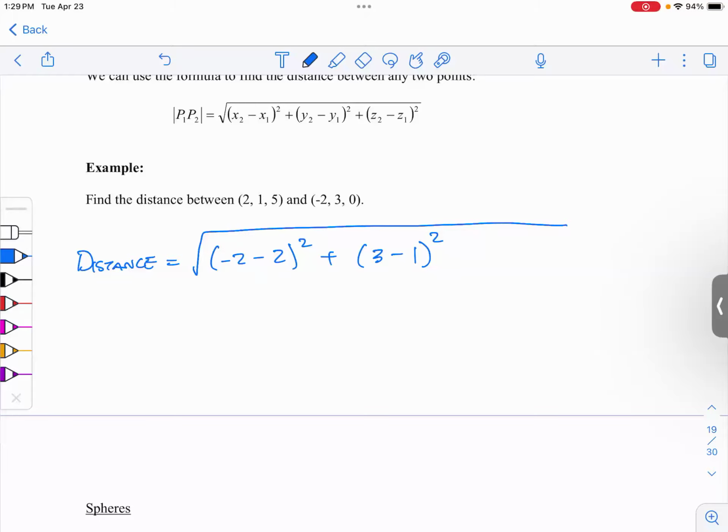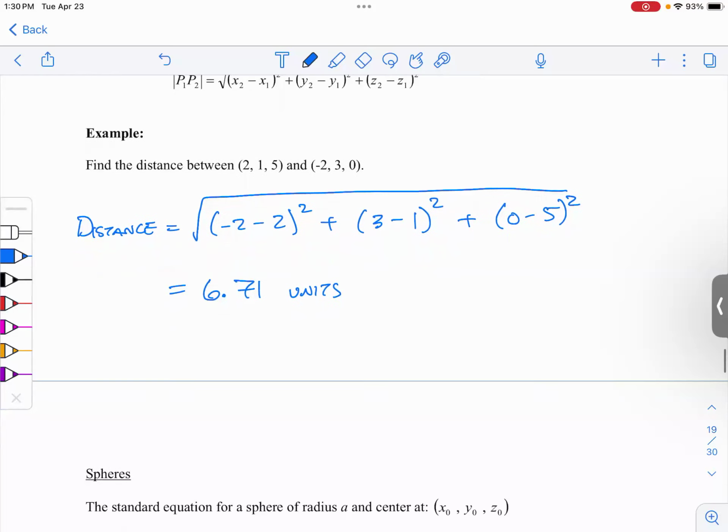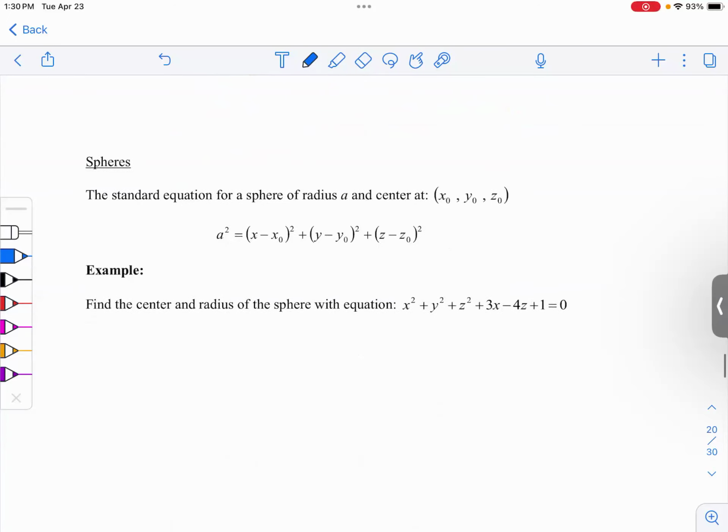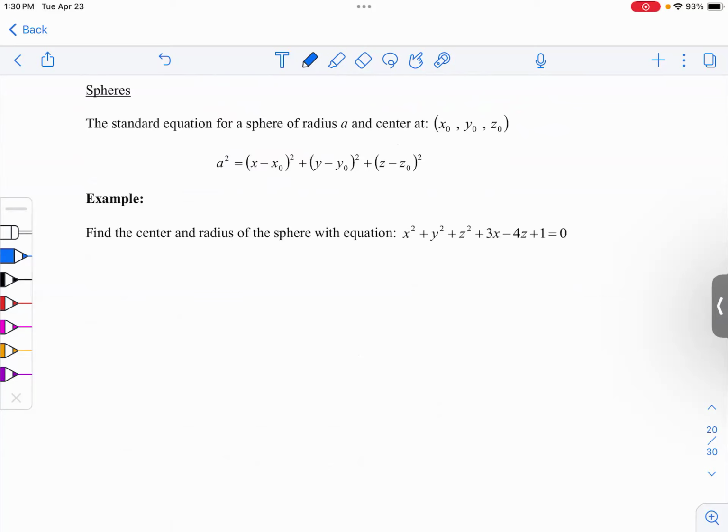Actually, that doesn't matter because of the squared, but for consistency. Then calculate and get a value. Distance is a one-dimensional value, so it's not units squared, just units. Again, magnitude, Pythagorean, distance, all the same formulas.